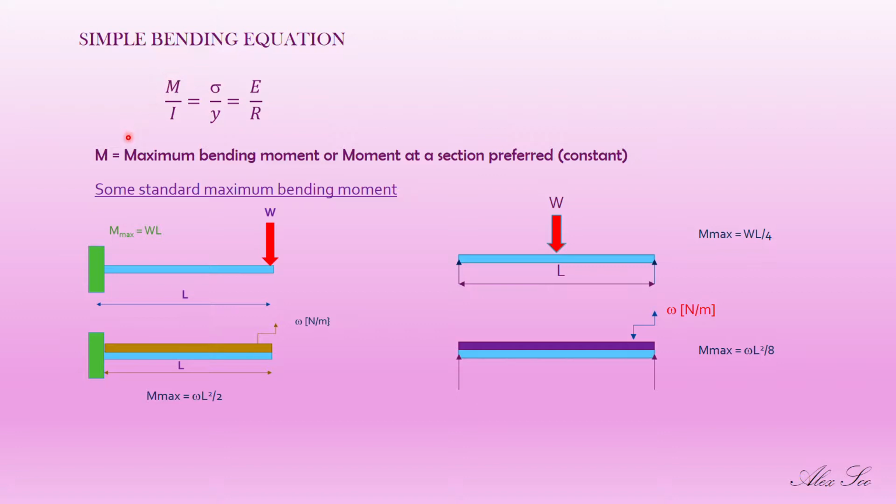Now M here is the maximum bending moment, or the moment at a section preferred, which can be considered as constant. The first thing is you must know the definition of bending moment, which you should have done in your statics. For the beam I've shown here, this is a cantilever, where one end is fixed and the other end is free.